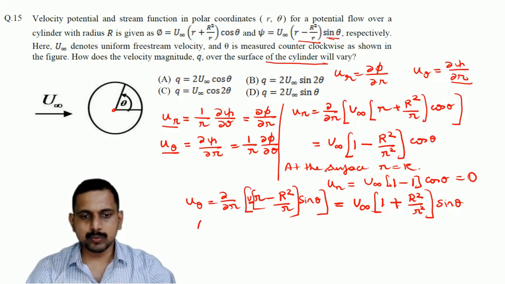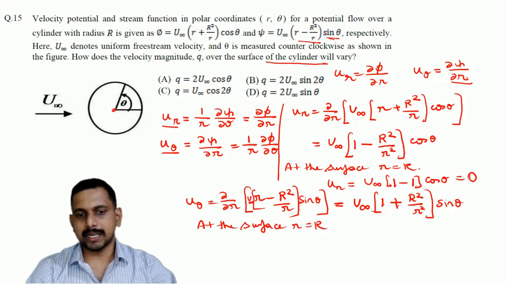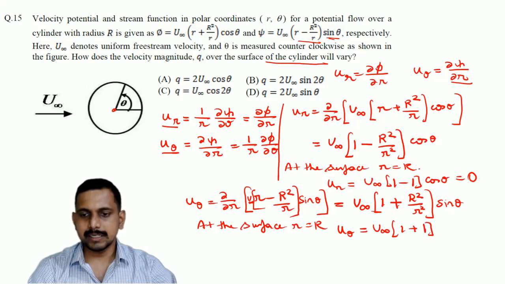Now at the surface what happens? At the surface r is equal to capital R. That means u theta is equal to u infinity into 1 plus R square by R square into sin theta. So my u theta is equal to 2 u infinity sin theta.